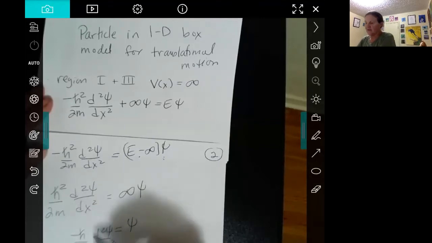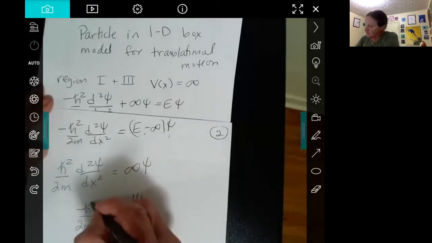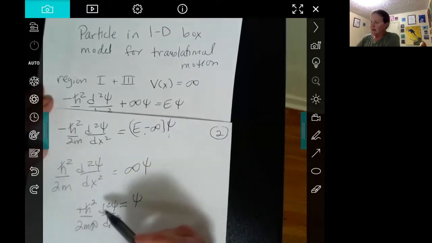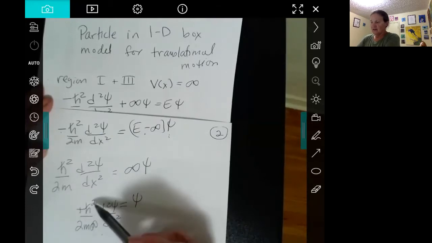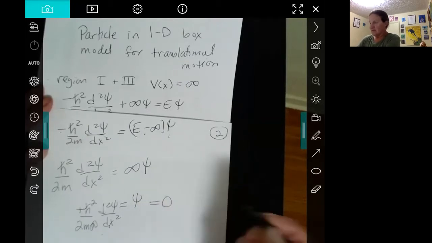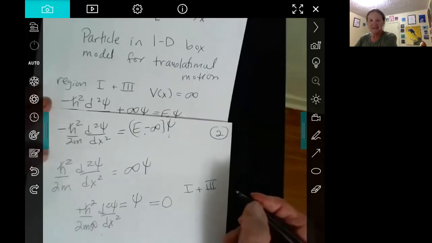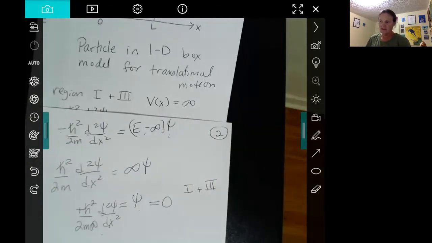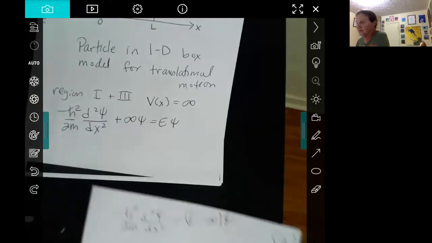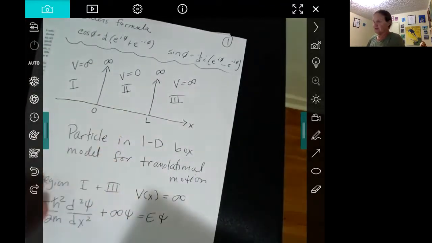We essentially have the second derivative times 1 over infinity equals psi. Anything times 1 over infinity is times 0. So that means psi in regions 1 and 3 has to be 0. That's the same thing as saying the particle can't get out of the box if the walls are infinitely high and infinitely thick. So now we're ready to look at inside the box when V equals 0.